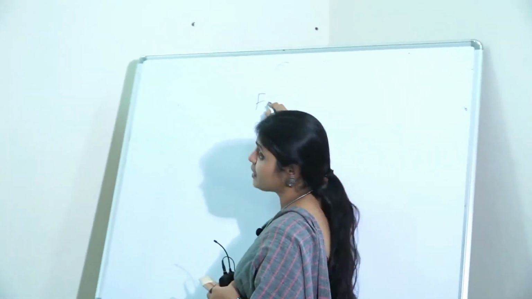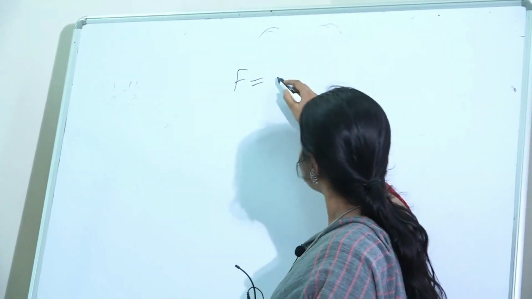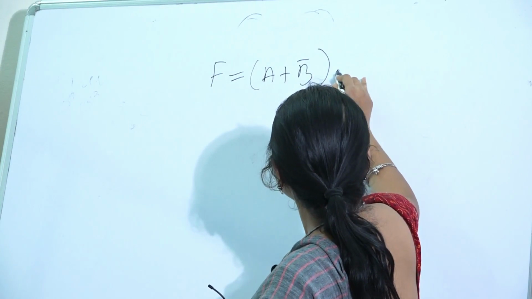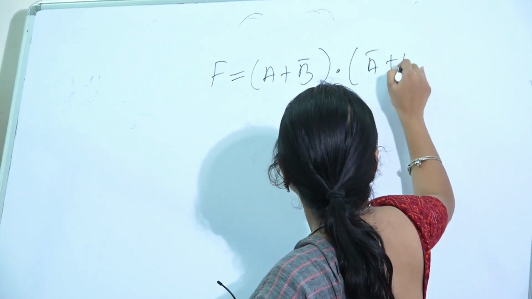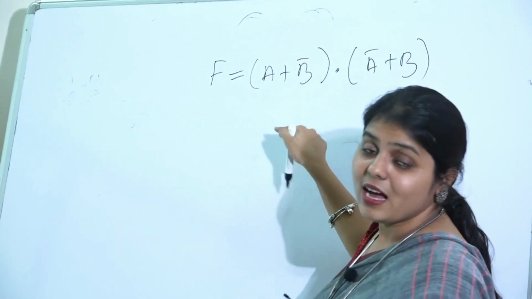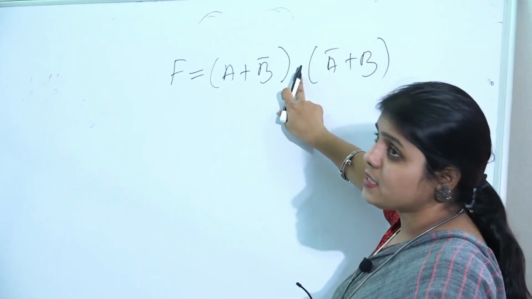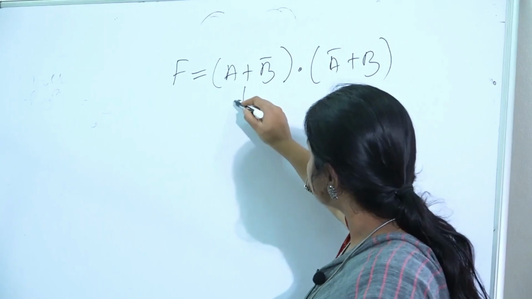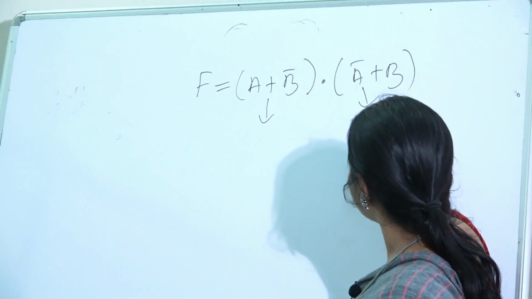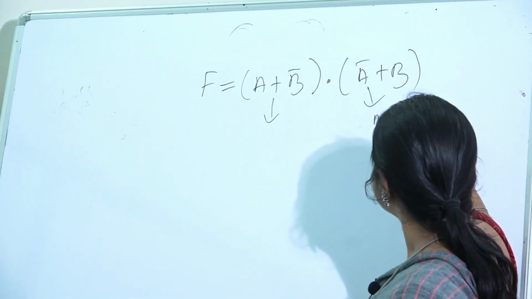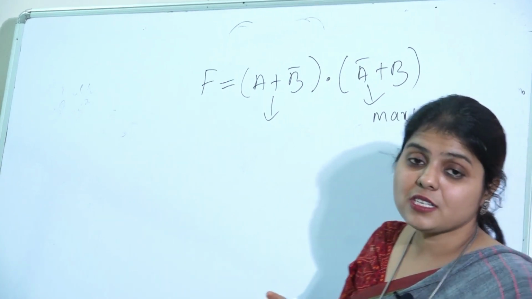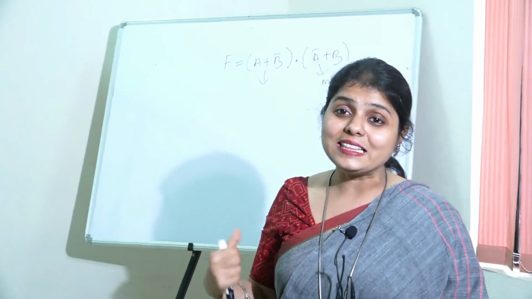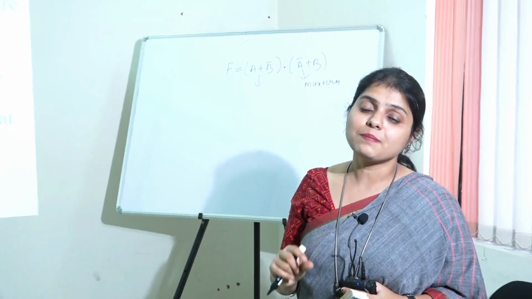So when I take a Boolean expression, something like this: A plus B bar into A bar plus B. What am I doing here? I am taking the product of the two sum terms, right? Each sum term is basically called a max term. The product term was the min term, and the sum term in this expression is called the max term.